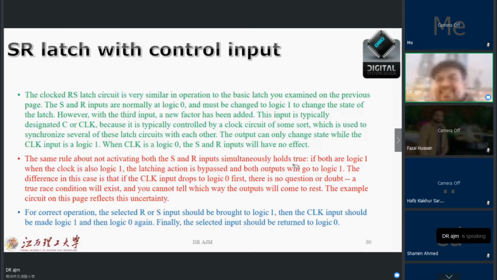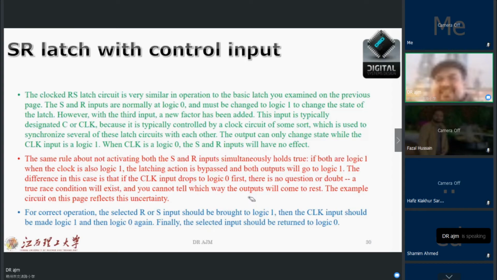If both are logic 1 when the clock is also logic 1, the latching action is bypassed and both outputs will go to logic 1. The difference in this case is that if the clock input drops to logic 0 first, a true race condition will exist and you cannot tell which way the output will come to rest.